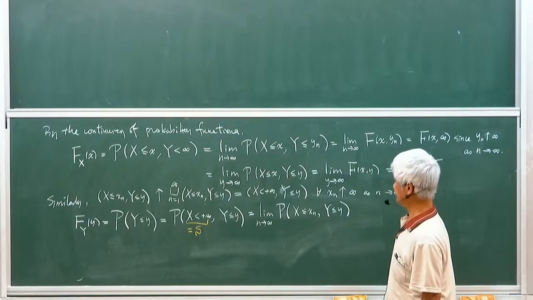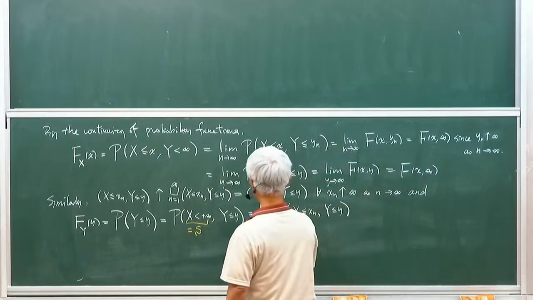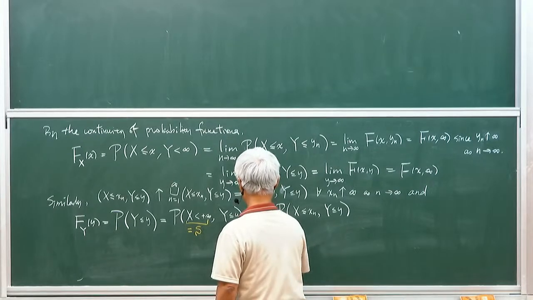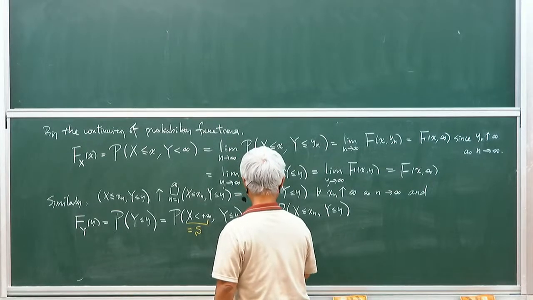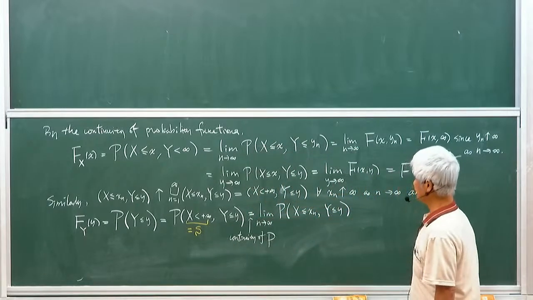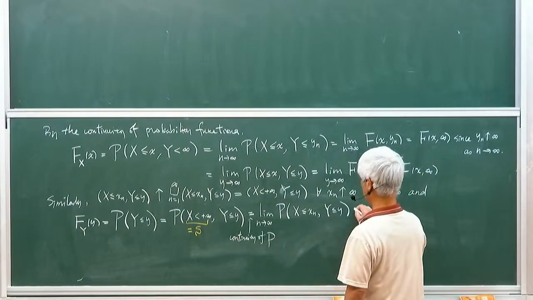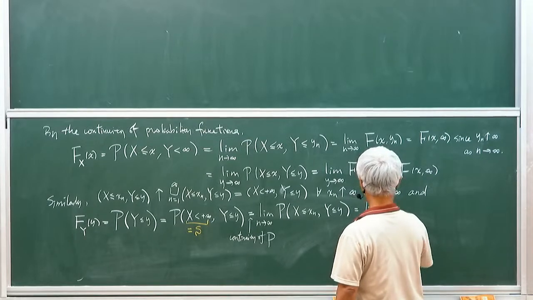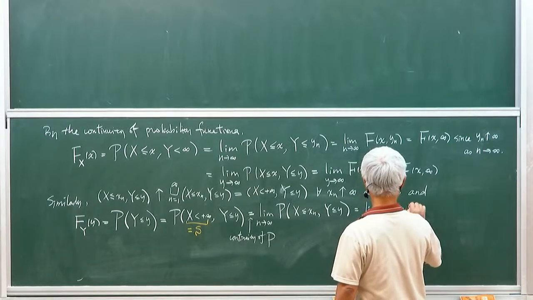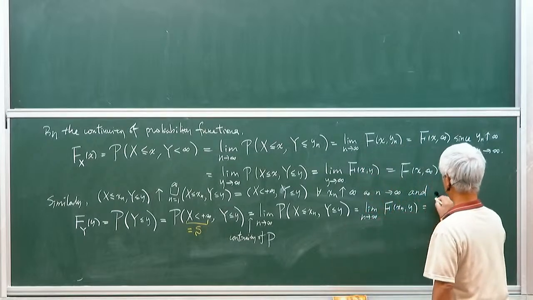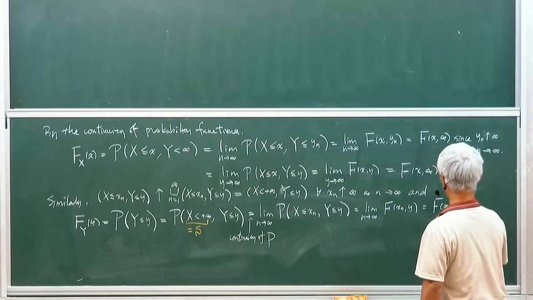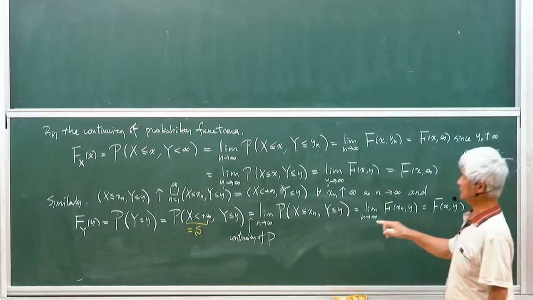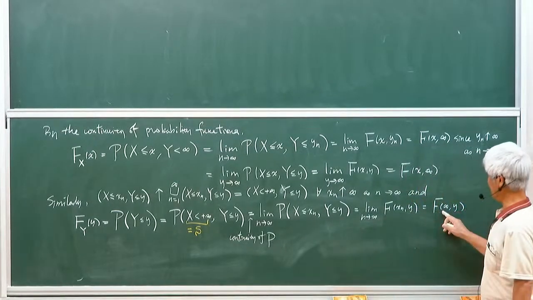And so this is by the continuity of the probability function. All right, so this is the limit as n goes to infinity of F of x_n and y. And so this is F of infinity and y. So we fixed y, and we take the limit.